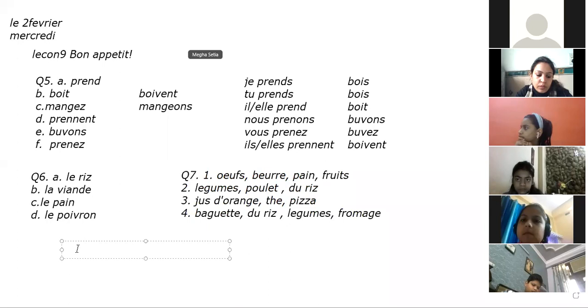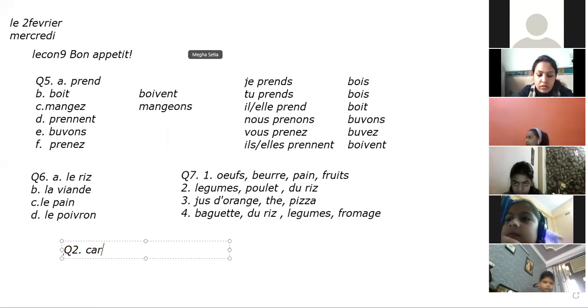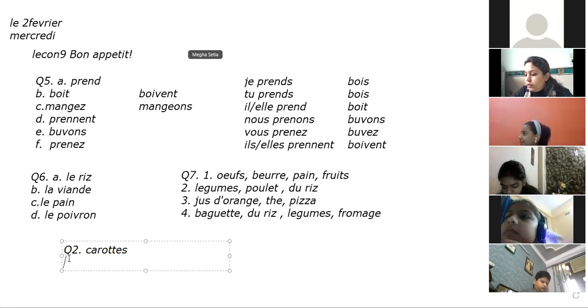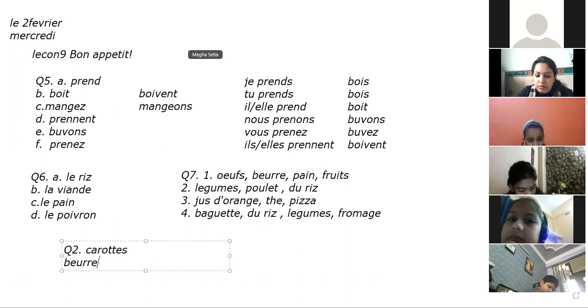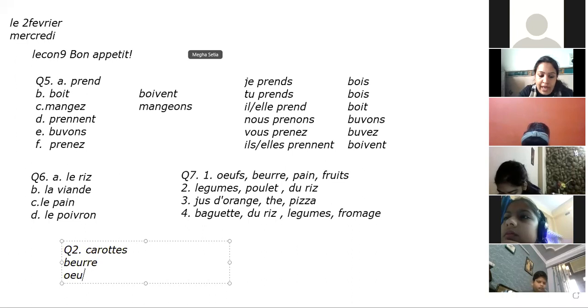One more question we have left over, this question number 2. In this, we need to match the expression of quantity with the products. Okay. So I am just telling you: un kilo de carottes, a kg of carrots. Then second, une barre de beurre, a bar of butter. Une douzaine d'oeufs, a dozen eggs.